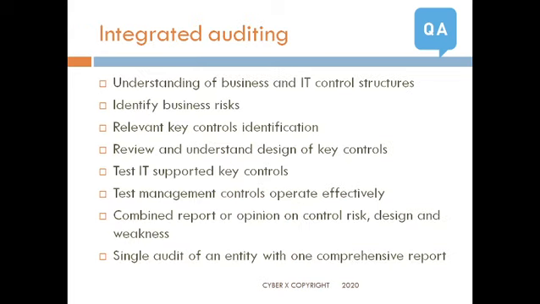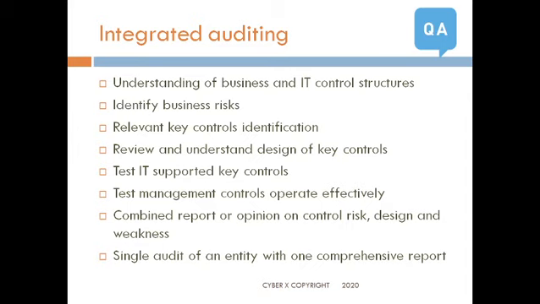What is integrated auditing? Understanding of business and IT control structures is very important. When integrated auditing happens, which covers all the elements of the audits, one has to understand the business risks.